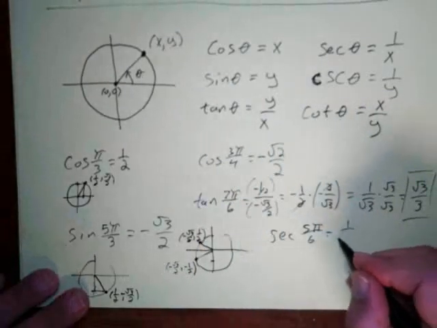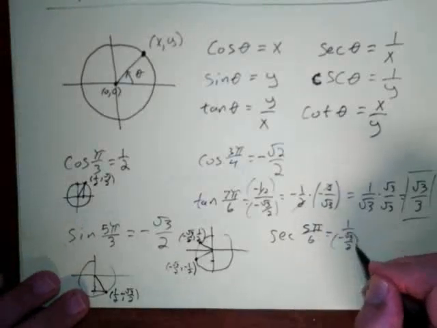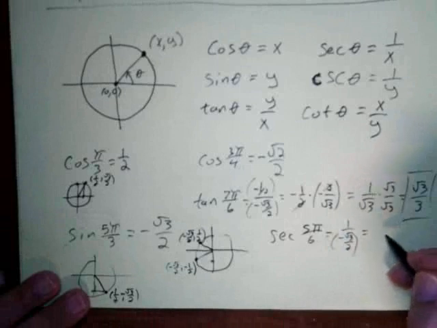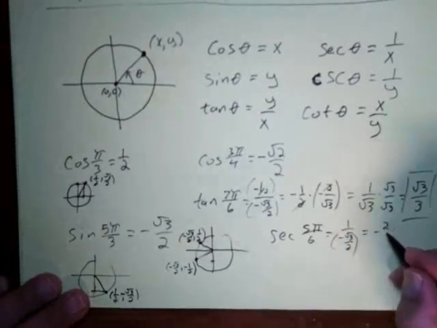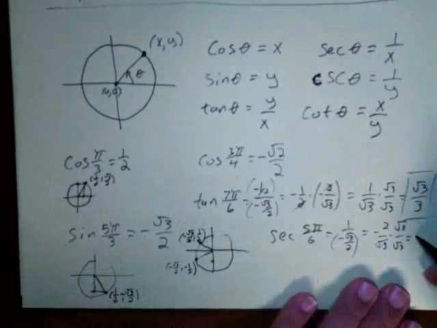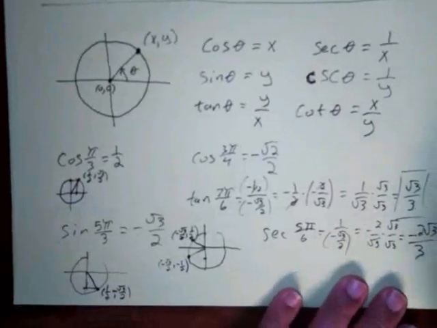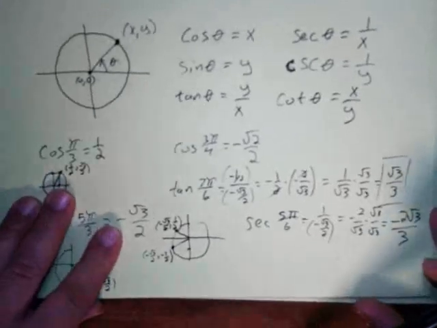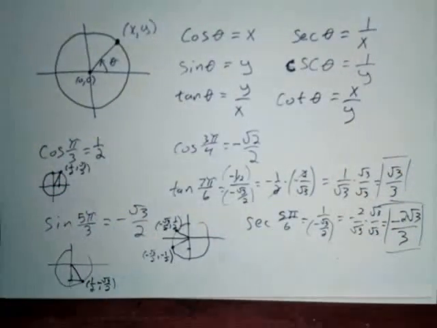So this is 1 over negative square root of 3 over 2. And so then I'm going to invert here and multiply. This would be negative 2 over square root of 3. Then multiply the top and bottom by the square root of 3 to rationalize the denominator. And I get negative 2 square root of 3 over 3. And that would be kind of the official value for that.